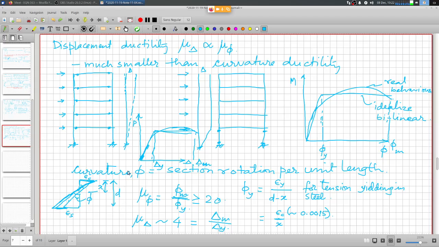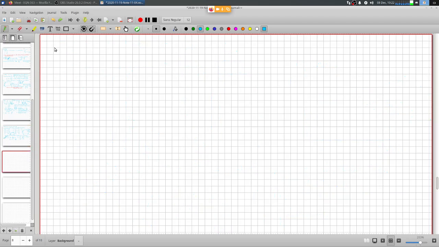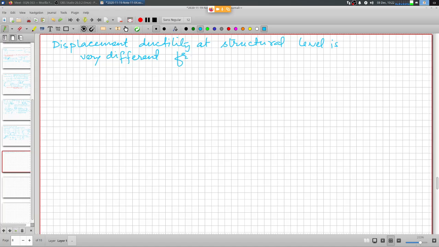Now you can have displacement ductility at the structural level that is very different from that at an element level.